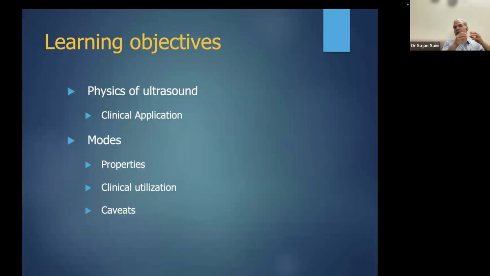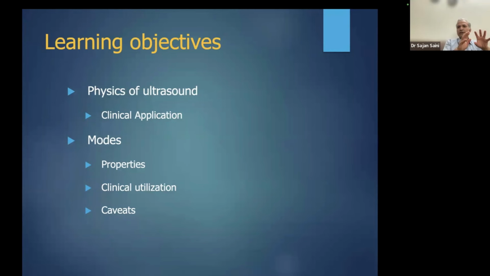Of course, we will be applying these principles when we interrogate a hemodynamically unstable baby, or PDA, or PPHN, or other important scenarios. But the basic principles remain the same, whether it is ultrasound or echocardiography.